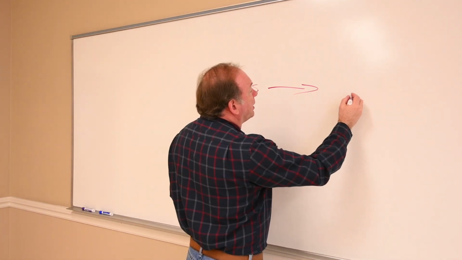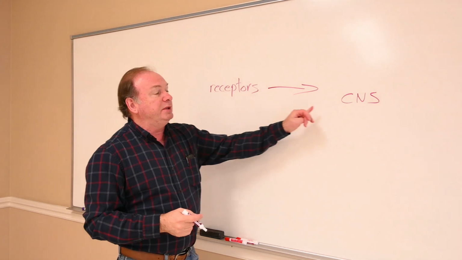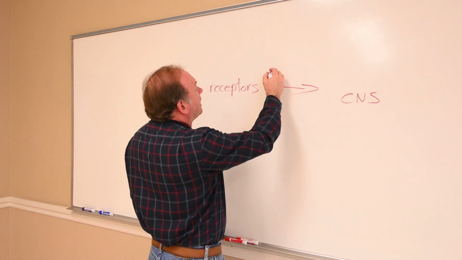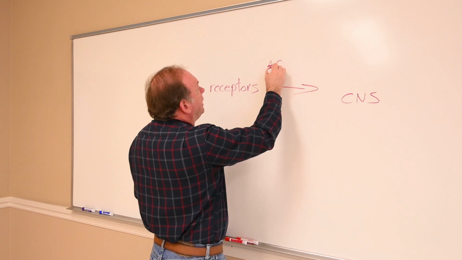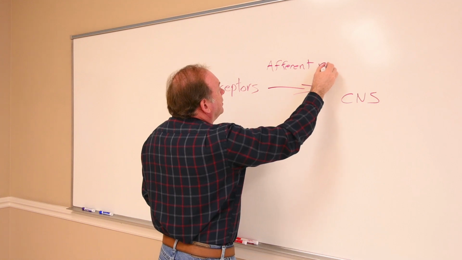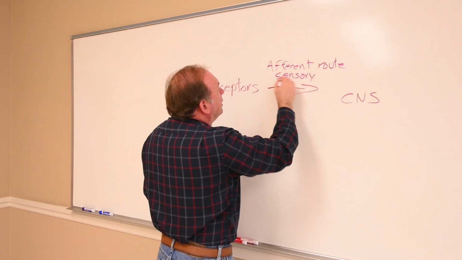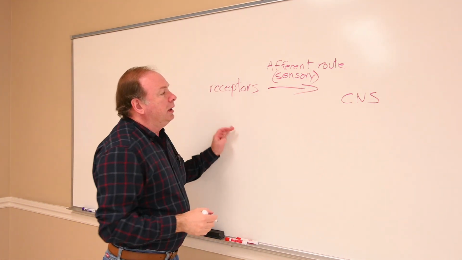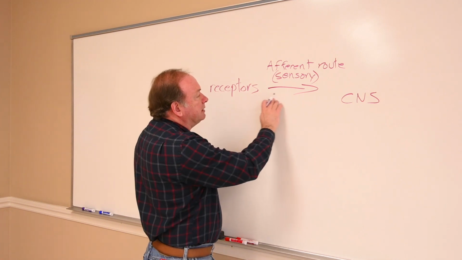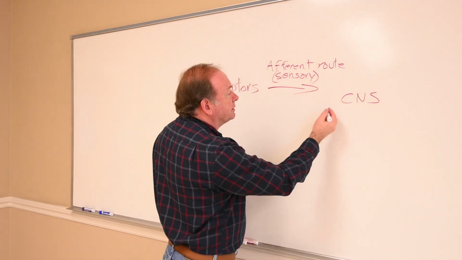So over here somewhere we have our central nervous system, CNS, and this pathway between the receptor and the central nervous system is referred to as the sensory route or the afferent, A-F-F-E-R-E-N-T, route or sensory route, headed from the receptor to the central nervous system. So this is passing through a portion of the peripheral nervous system to get to the central nervous system.